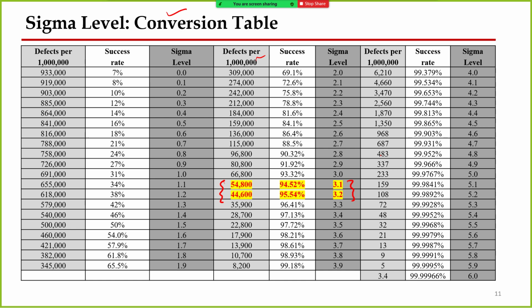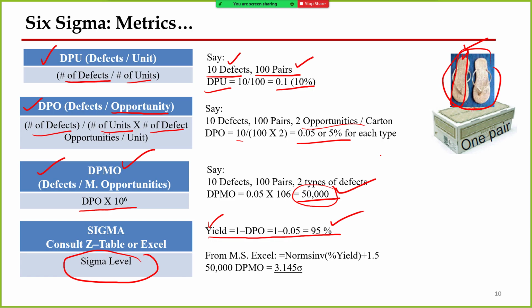But we cannot quantify the sigma level accurately with this conversion table, so approximately it is between 3.1 and 3.2. If I want the exact sigma level, I can use Microsoft Excel's formula NORM.S.INV, the inverse normal distribution.